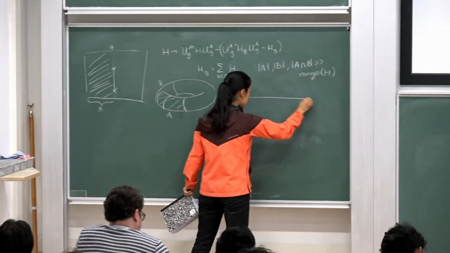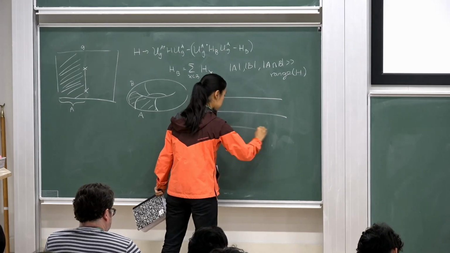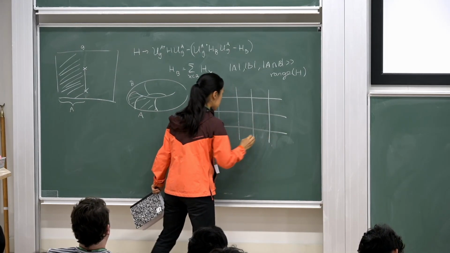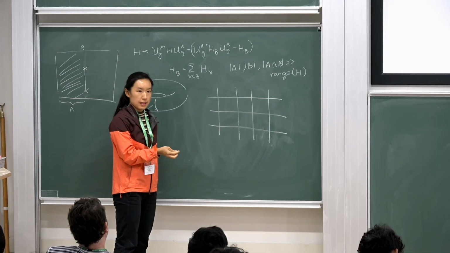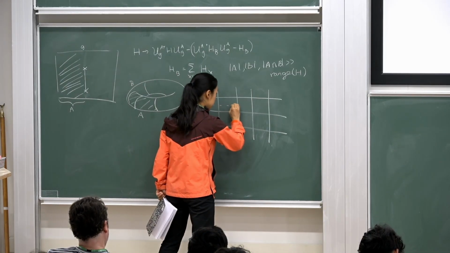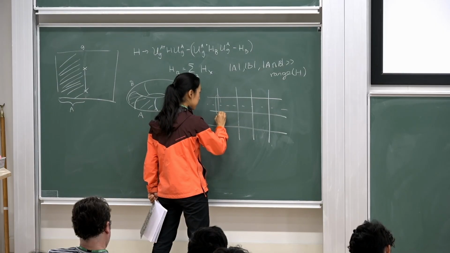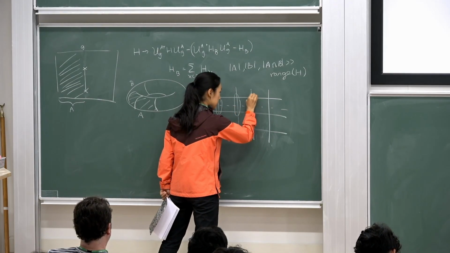Suppose that I have a spatial lattice in 2 dimensions. If I wanted to have a symmetry defect, then I would have the Hamiltonian terms modified all along this line.